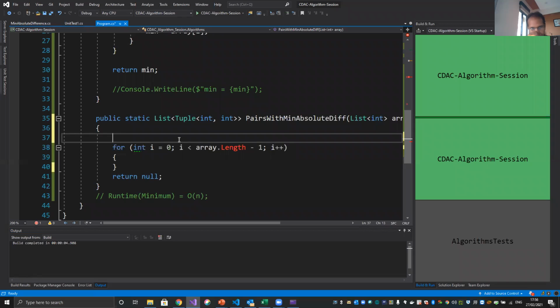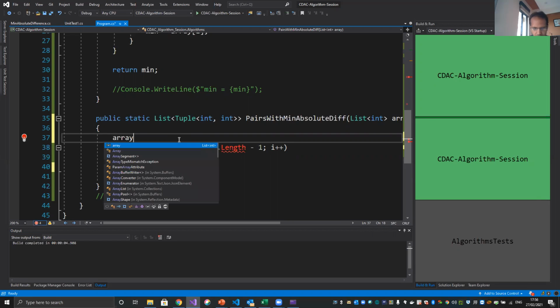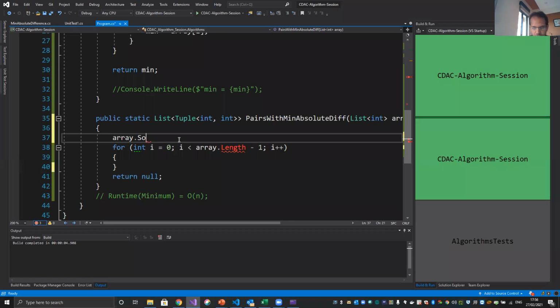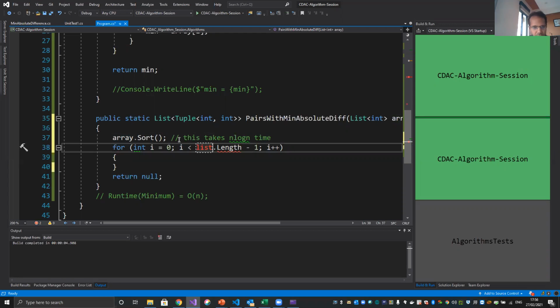What I'm going to do is I'm going to say array dot sort. So it's sorted. This takes n log n time. Call it list actually, or we should call it input.